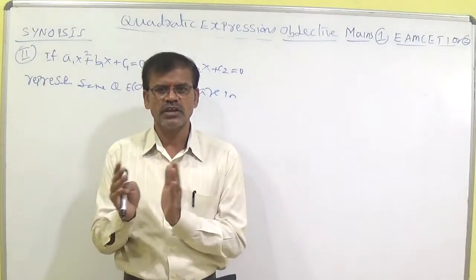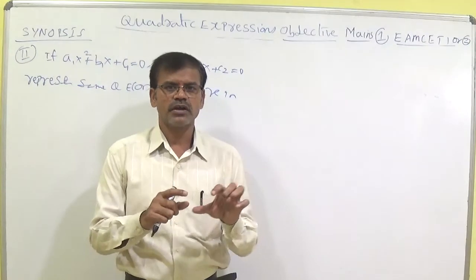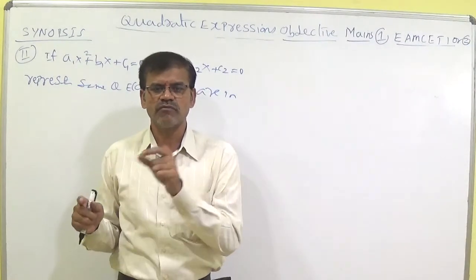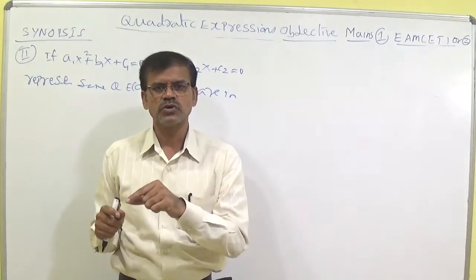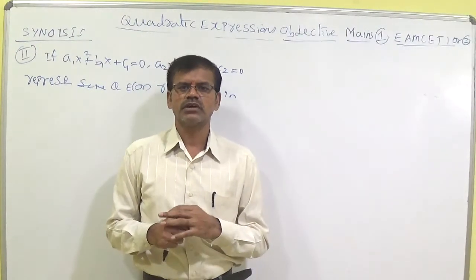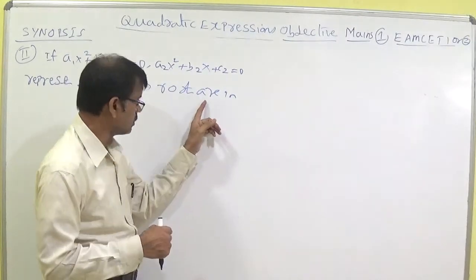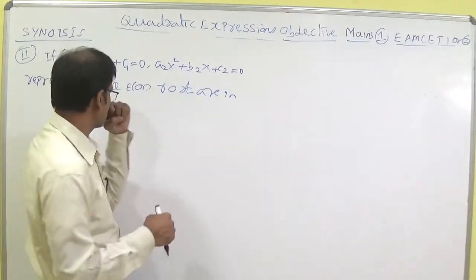So if any number k is multiplied to the roots of the first quadratic equation, then we get the second quadratic equation with roots k times the roots of the first. Then we can say that the roots are in proportion, or they represent the same quadratic equation.